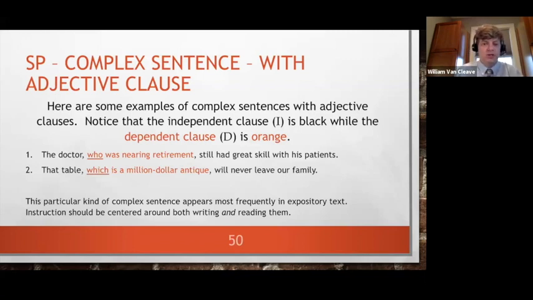Now, here's the punchline, or the second part that's really tough. This kind of complex sentence doesn't show up in fiction very often. It's not in our easier reading. It tends to show up in informational text. So it's on things like the water cycle or photosynthesis or the Revolutionary War.